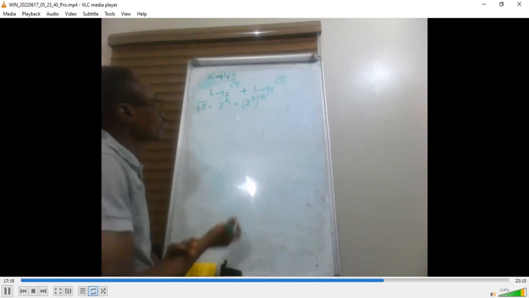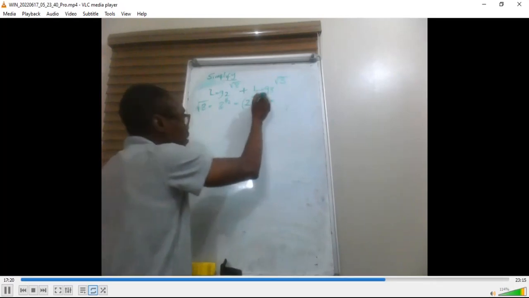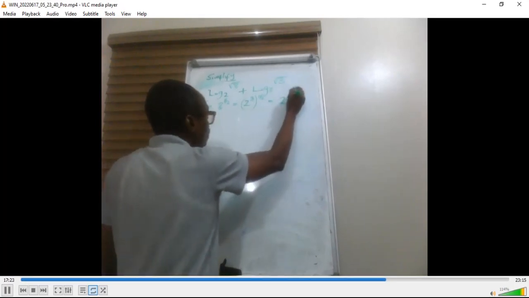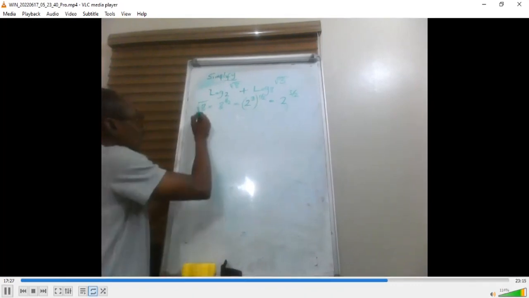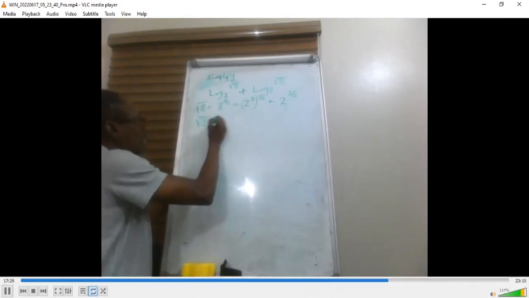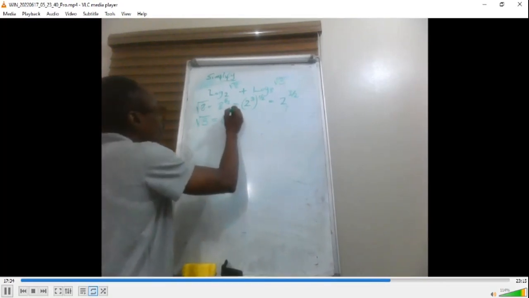Okay. So at the end of the day, we're going to multiply the powers. This is going to be 2 raised to power 3 over 2. Okay? And we know that root 3 is the same thing as 3 raised to power half.